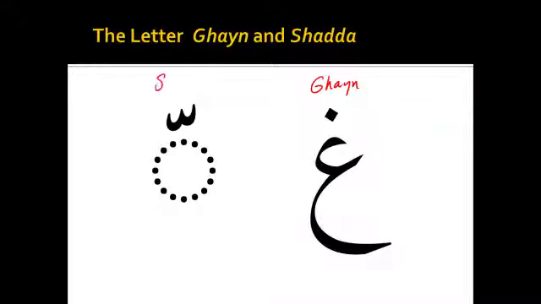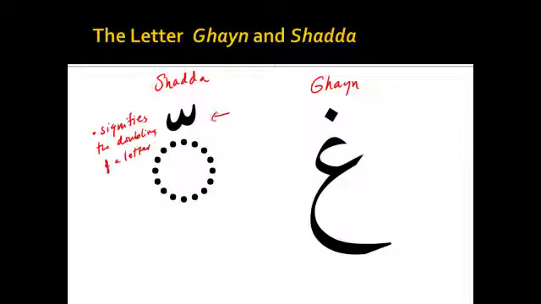We also have the Shadda here on the left. And the Shadda is a small squiggly looking letter that is similar to a W, and this mark signifies the doubling of a letter.